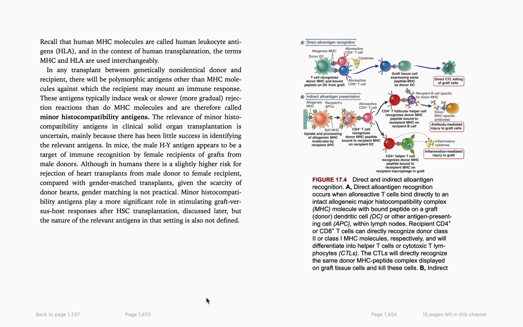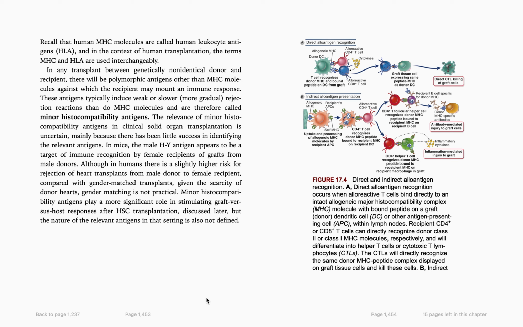In mice, the male HY antigen appears to be a target of immune recognition in female recipients of grafts from male donors. Although in humans there is a slightly higher risk of rejection of heart transplants from male donors to female recipients compared to gender-matched transplants, given the scarcity of donor hearts, gender matching is not practical.